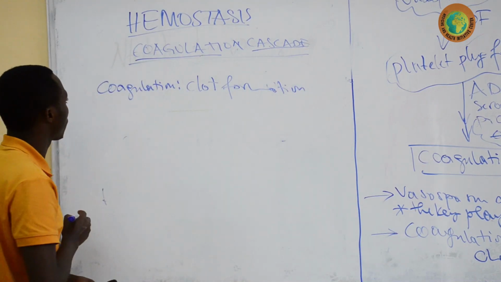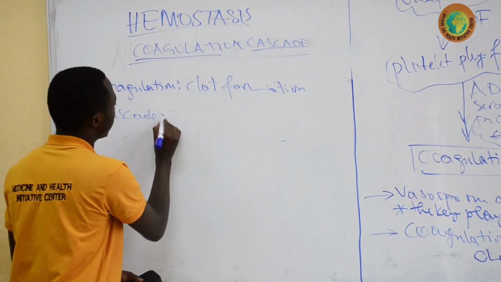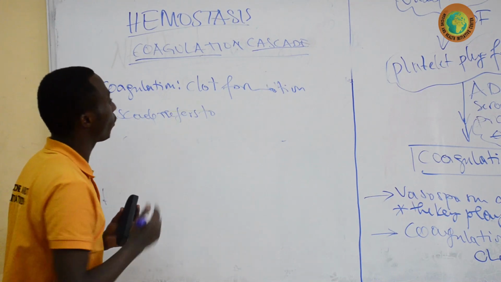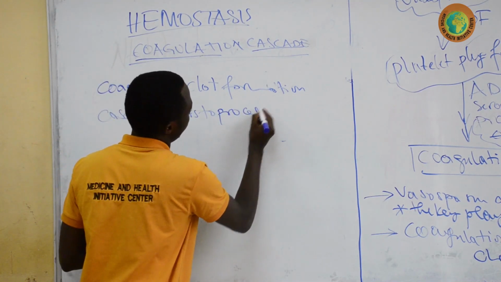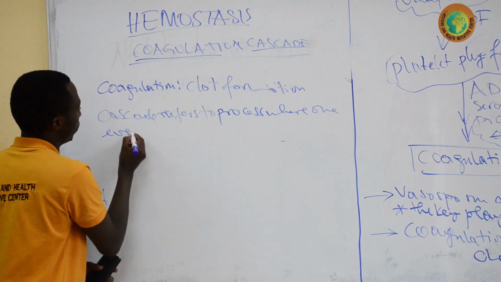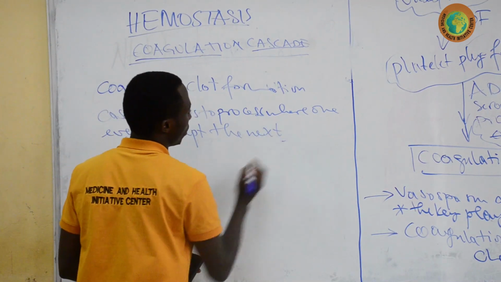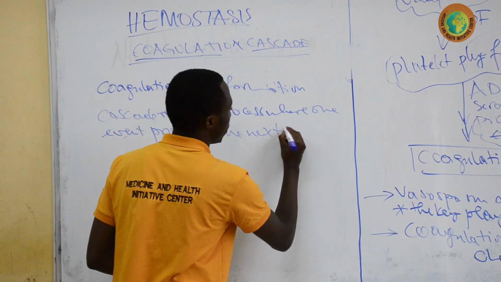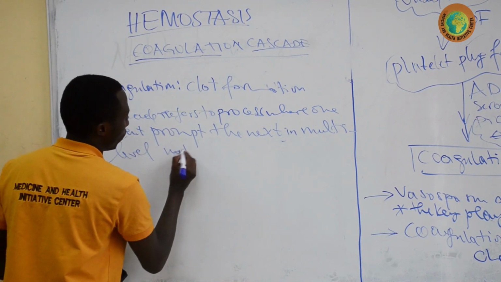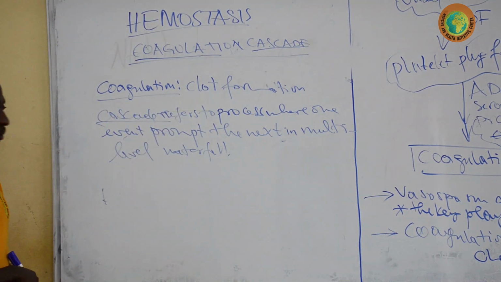Cascade refers to a process where one event prompts the next, in something like a multi-level waterfall. This is the meaning.